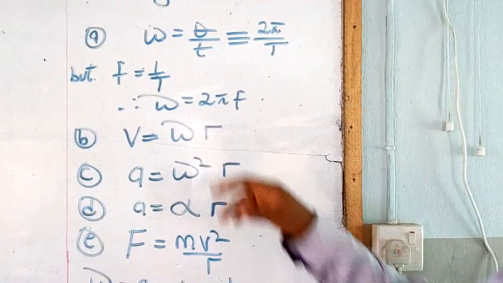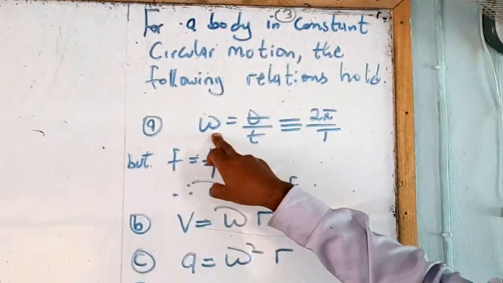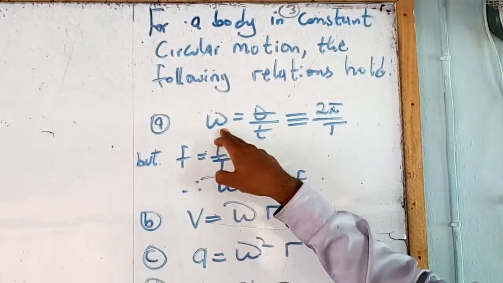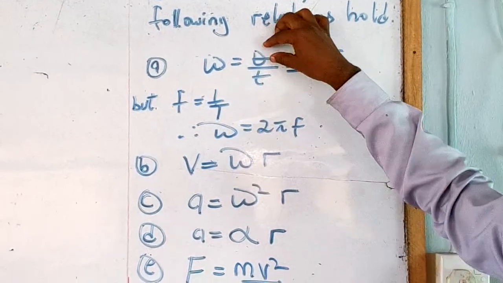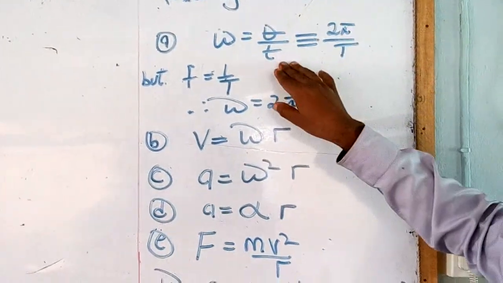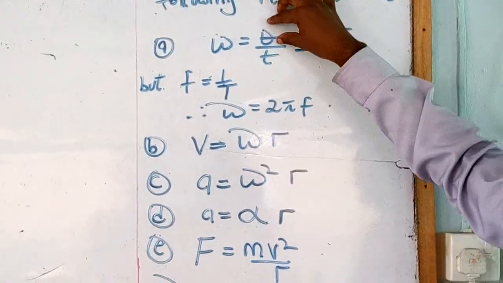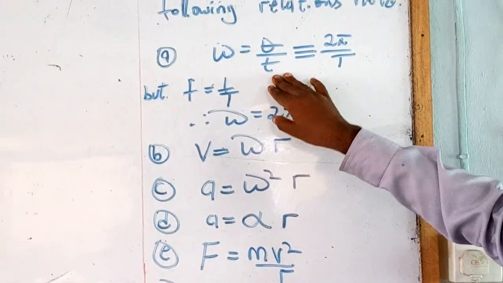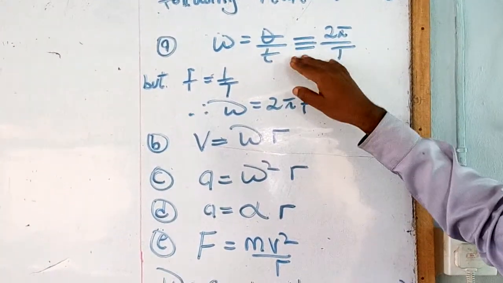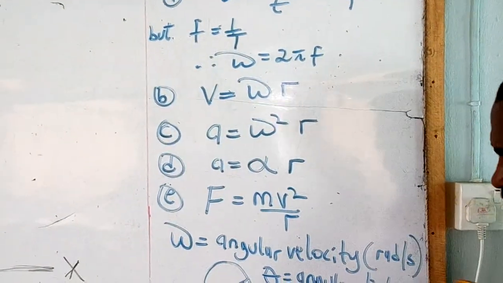The first one is called angular velocity. Angular velocity is defined as the angular distance over time taken, whereas the angular distance is measured in radians and the time taken is measured in seconds. For instance, look at this circle.